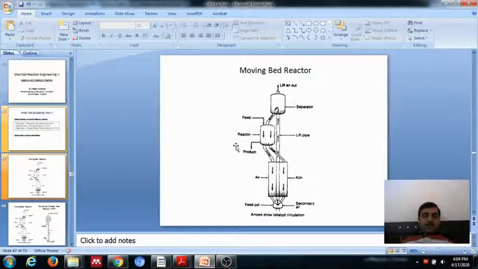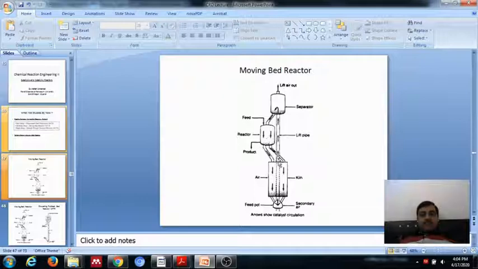The reactor is being fed from the top. You have a catalyst which is coming through the separator, also fed from the top. Feed and the catalyst move through the bed in a downflow. The products are removed from the bottom of the reactor.